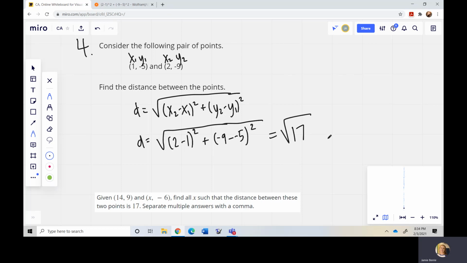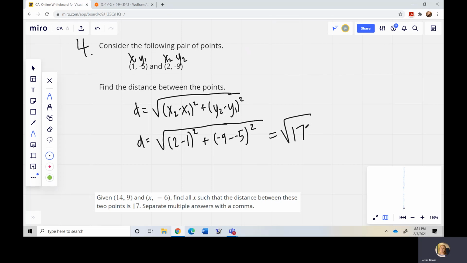Last thing you would have to do is just make sure that this radical is simplified. They don't want you to write this as a decimal. They want you to leave it as a simplified radical. All right, so the last thing you want to do is just look at the number inside your radical. The number inside the radical is called the radicand.